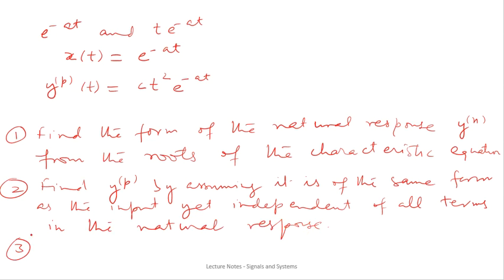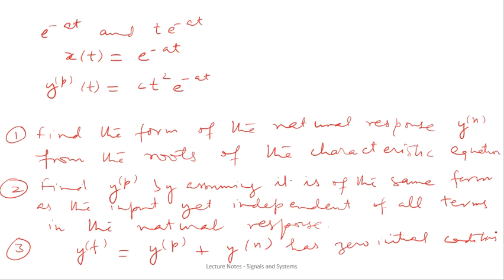Okay, so this was the second step, and for the third step you have to determine the coefficients in the natural response so that the forced response, denoted by y F, equals the particular solution plus the form of the natural response, has 0 initial conditions at t equals 0.